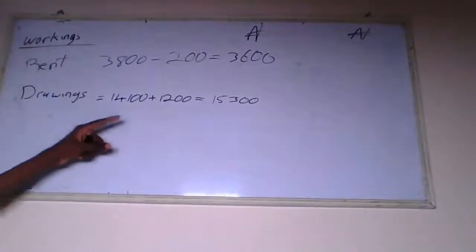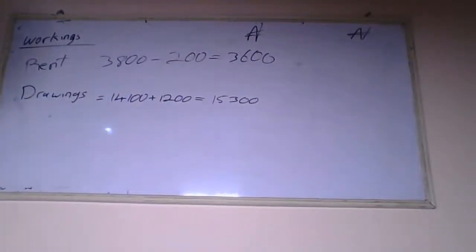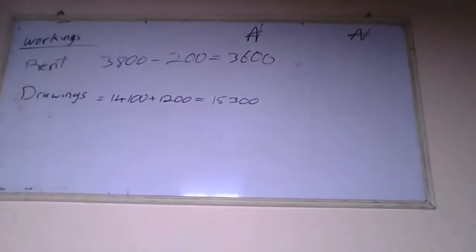So when we get there, this is the figure we're going to use for drawings. Next information. Okay, the next information, there's no workings, we'll get there when it's time.